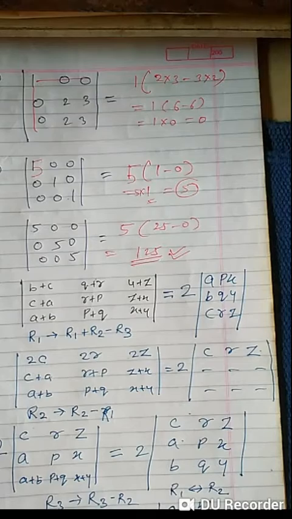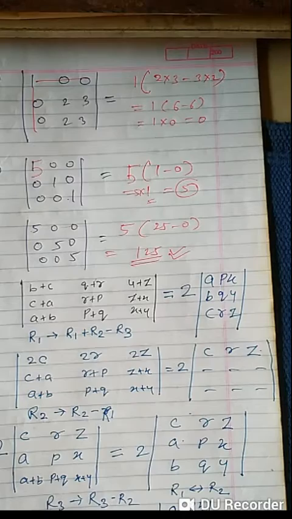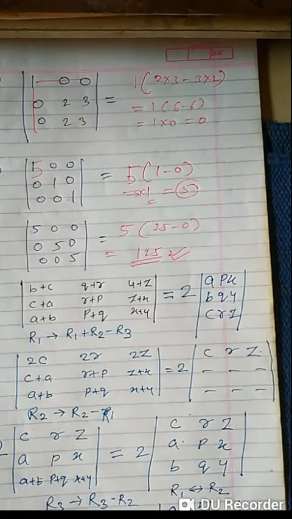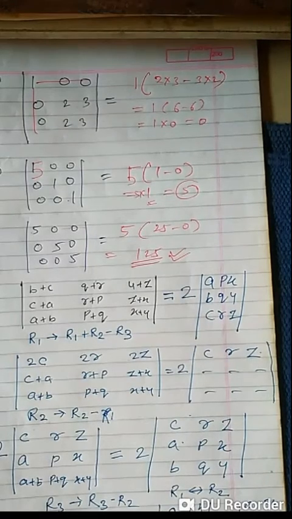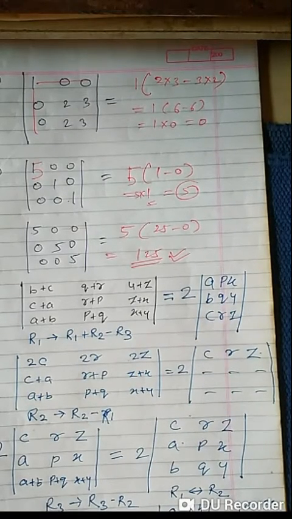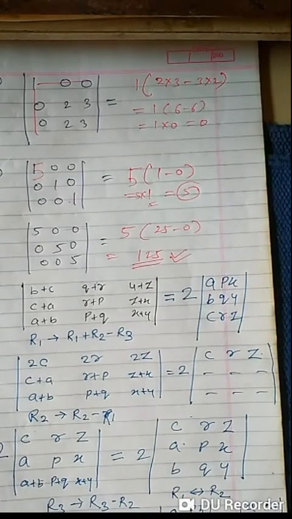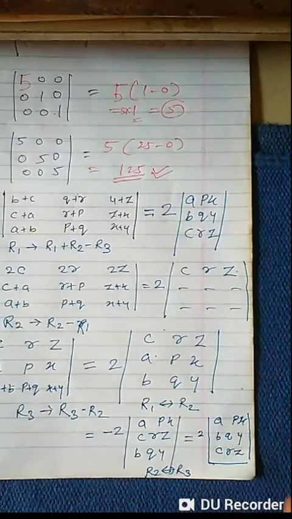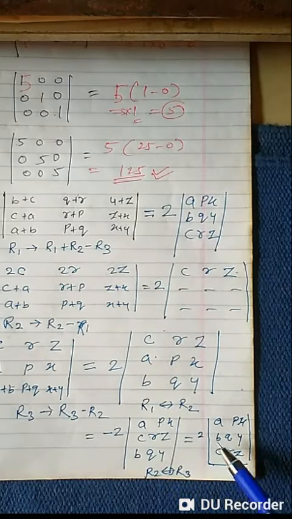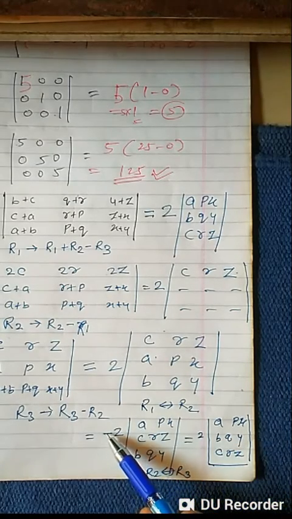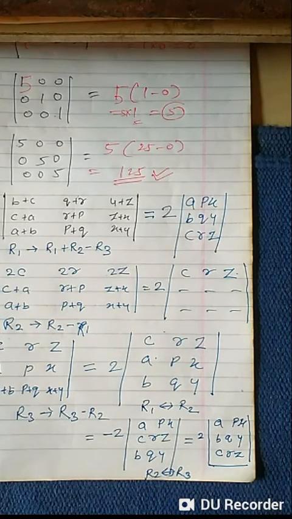Again, what we'll do, now we will exchange R2 and R3. So this negative will go off, it will become positive. 2 APX, BQY, CRZ. This is the result which we needed. See, here again we have interchanged these two rows, and the minus sign has gone off because again one negative sign will come, so minus minus will become plus.